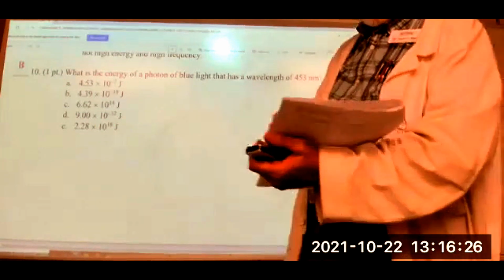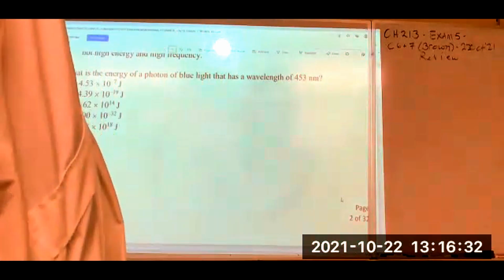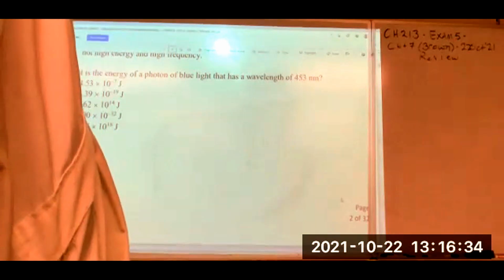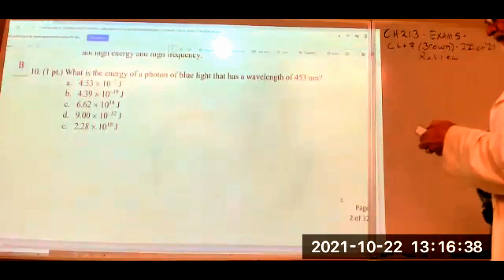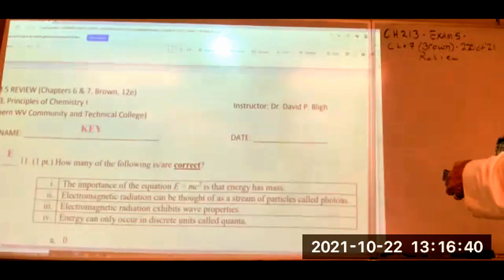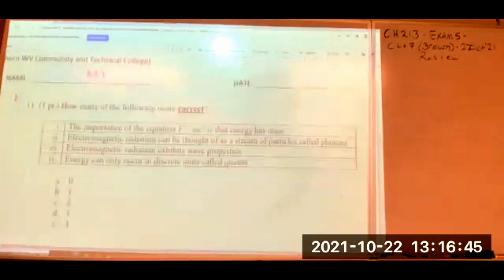Okay. 10, 11. We have to scroll that one. How many of the following is or are correct?